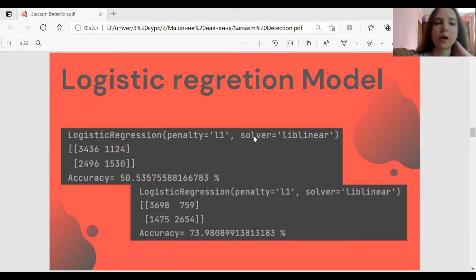Norm used in the penalization is L1, penalty equal L1, and algorithm to use in the optimization is liblinear. Because this algorithm performs with penalty L1 well.